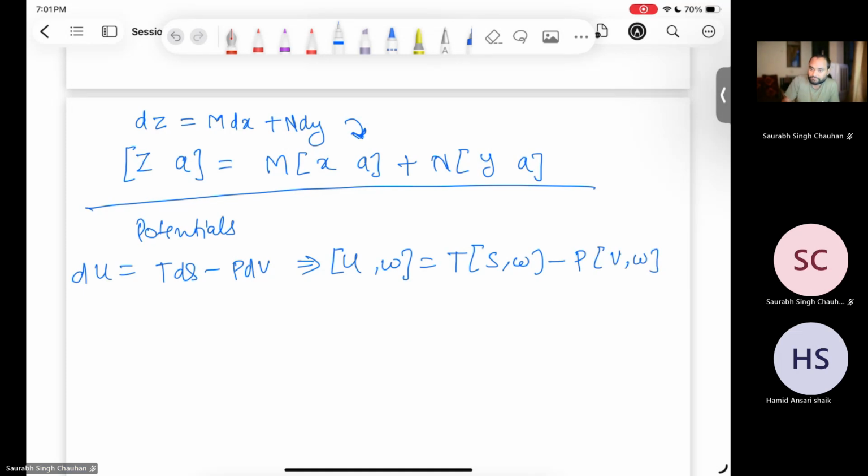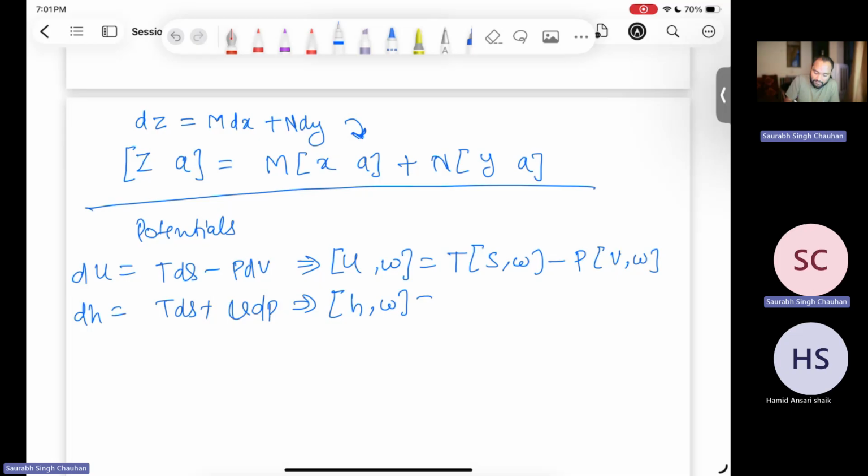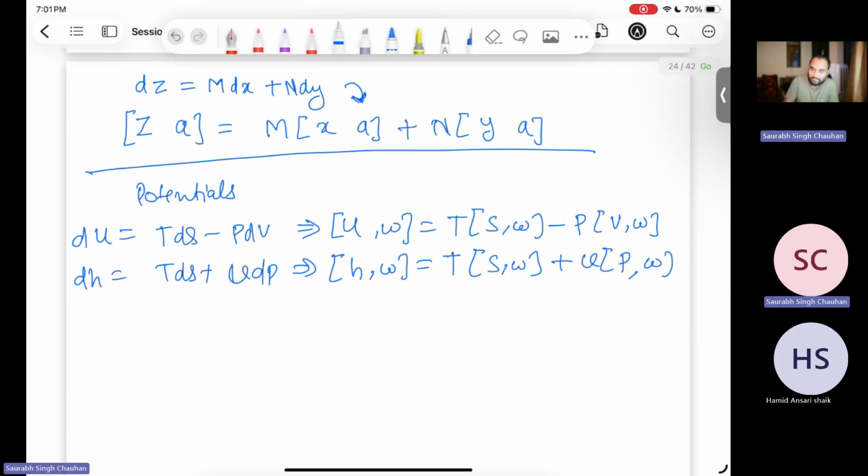We had dH equal to TdS plus VdP. If you write this, then H comma W equals Jacobian of T S comma W plus V P comma W.